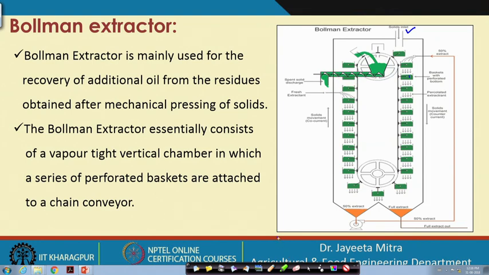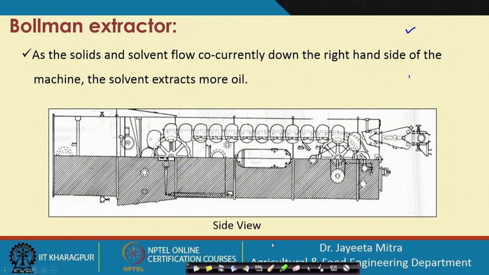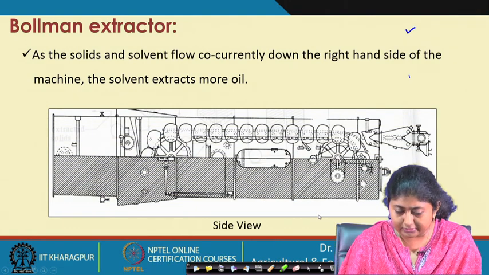So, this is the whole system, and all these vertical chambers have a series of perforated baskets in a chain conveyor, so that all the solvent will percolate through them. There are different geometries.